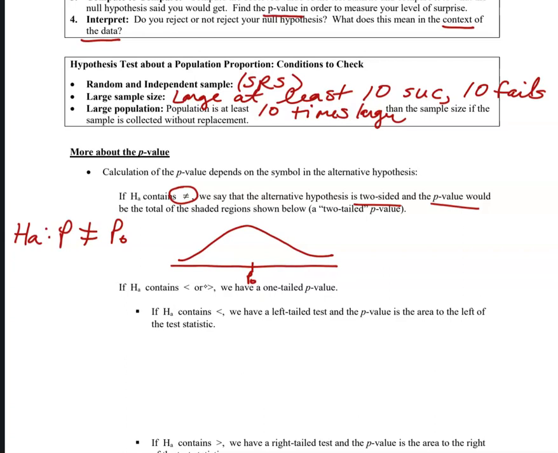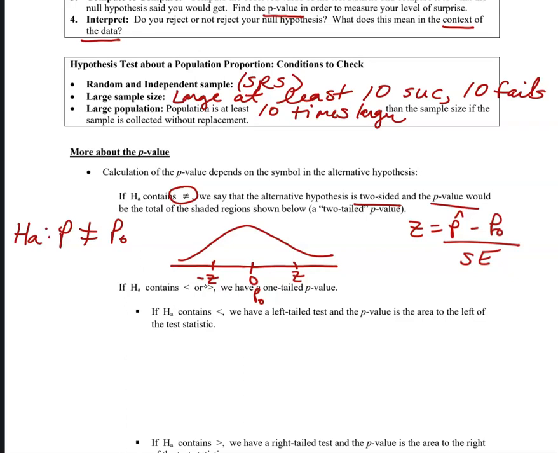Let me write these in terms of z-scores. I think that'll make more sense. So I'm going to pretend we converted everything to z-scores. Remember that z is equal to p-hat minus p-naught divided by your standard error. So that means 0 would go in the middle. That would correspond to p-naught. And then maybe your test statistic is down on this end. You would have a corresponding test statistic on this end if it's a two-sided test.